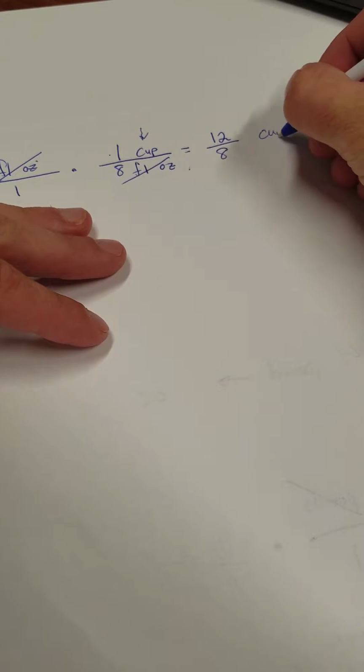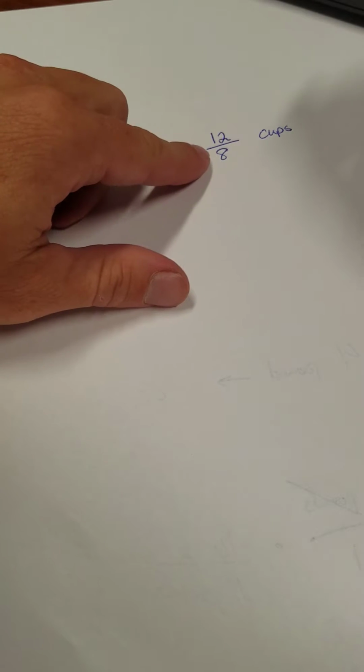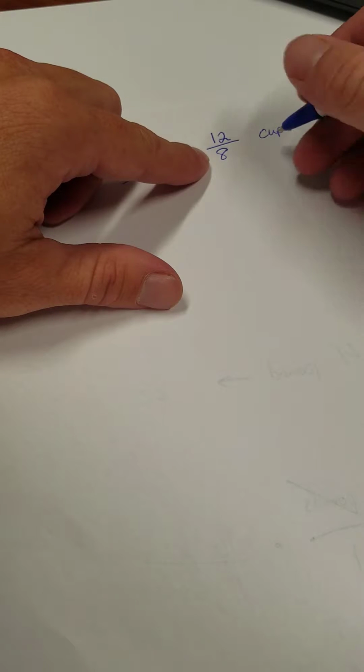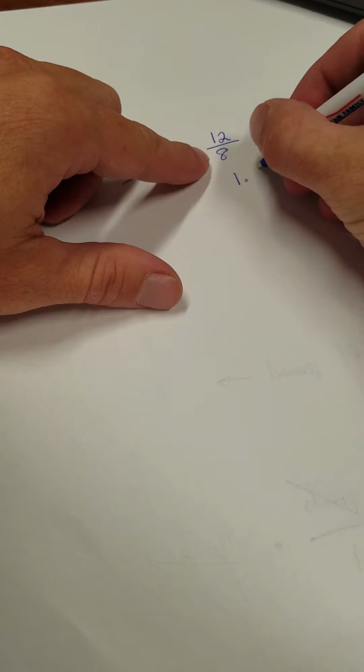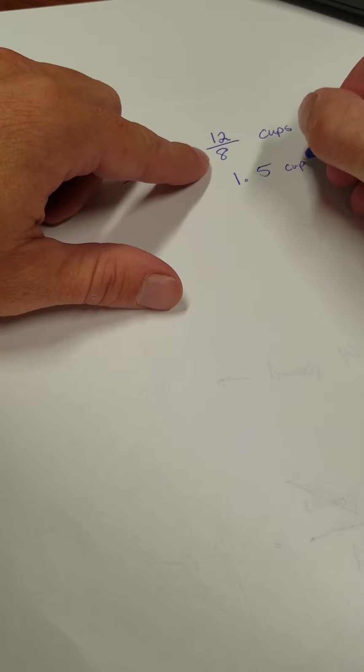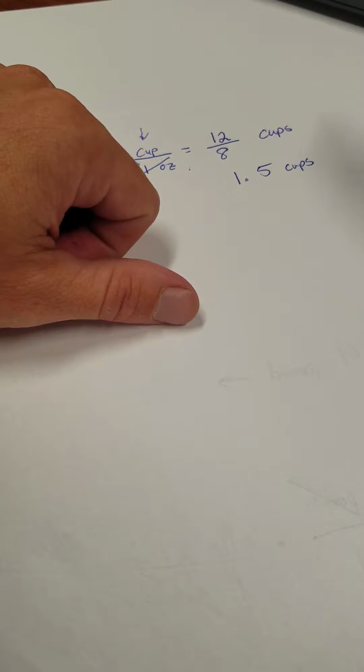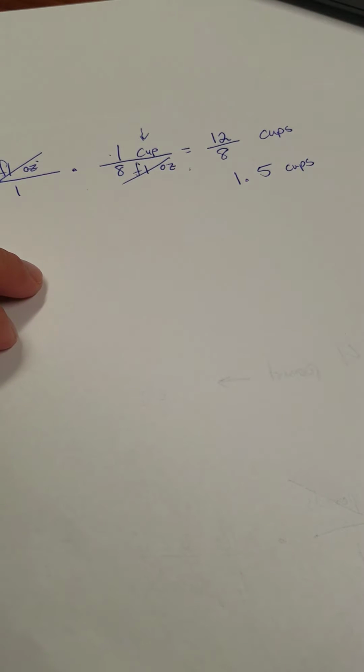Okay, and our unit is cups. Now, if you type that into the calculator, you'll come out with 1.5 cups. And that would be your solution. Okay, so when you're converting like that, make sure you just multiply straight across the top, straight across the bottom.